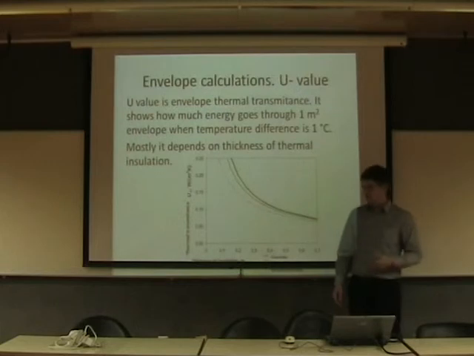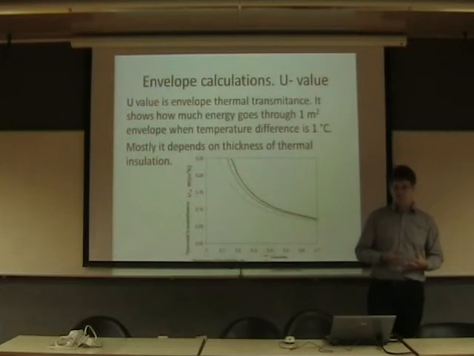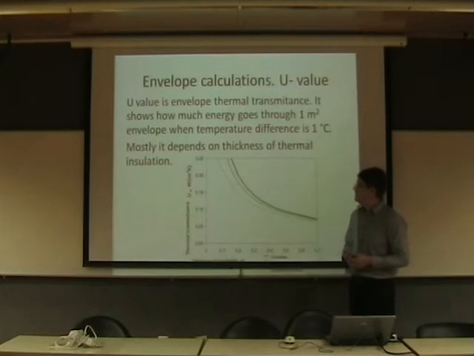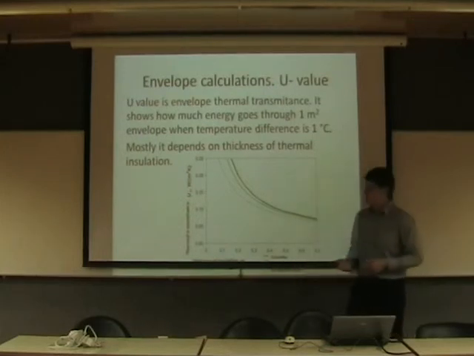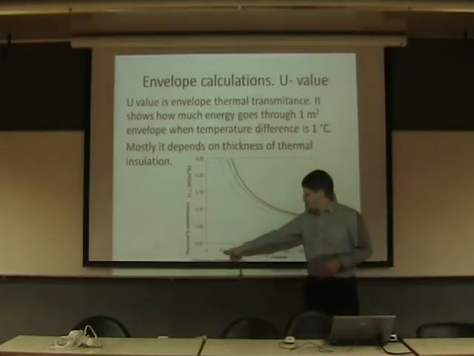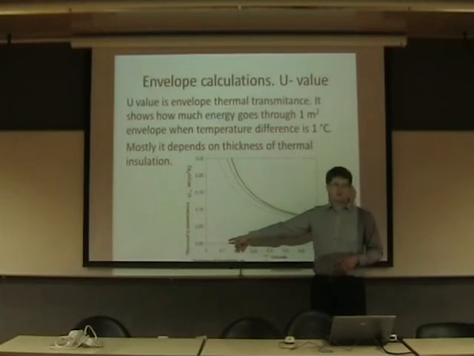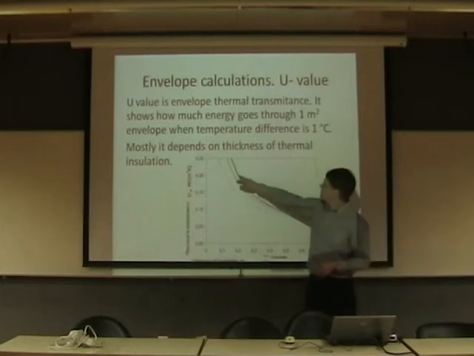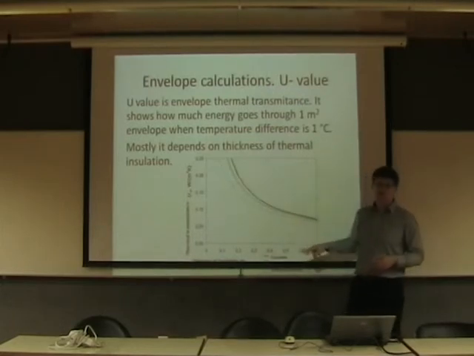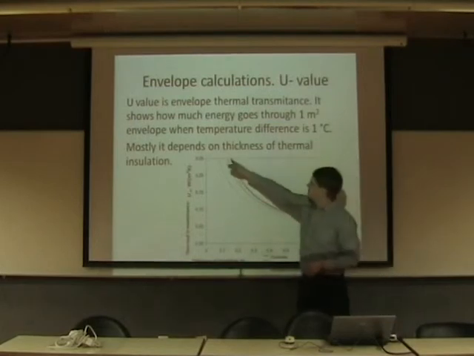Also, as I was saying, the U value is a very important question when we look at heating energy loss from envelopes. Here is one graph which shows how much it would be when we have 0.1 meter thermal insulation, and this black line is showing the concrete wall.